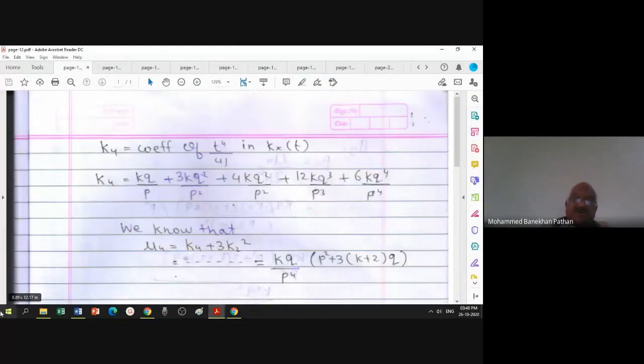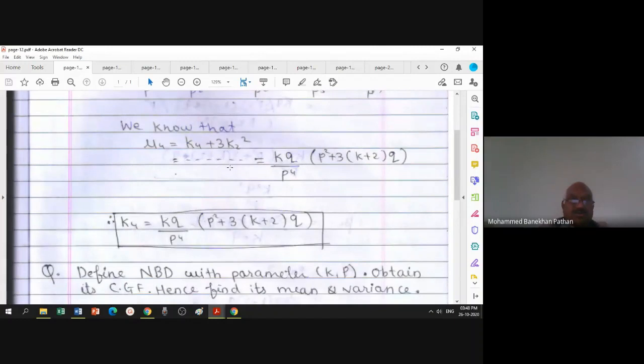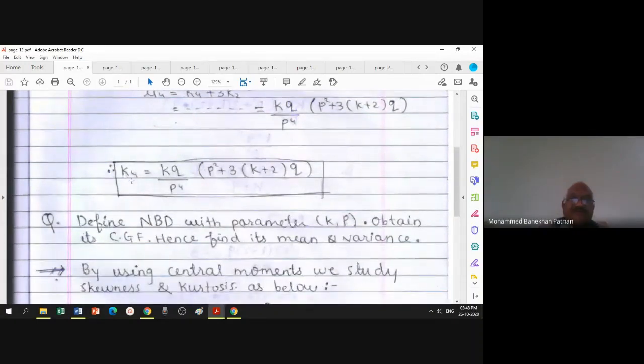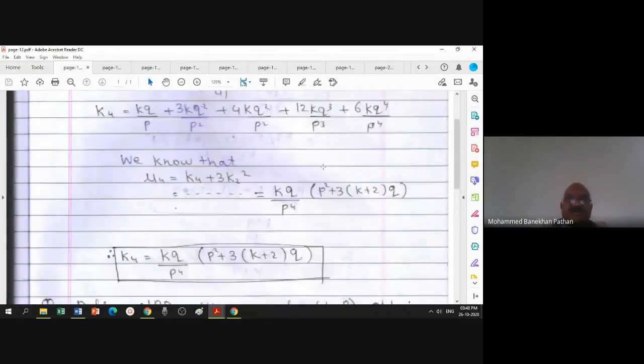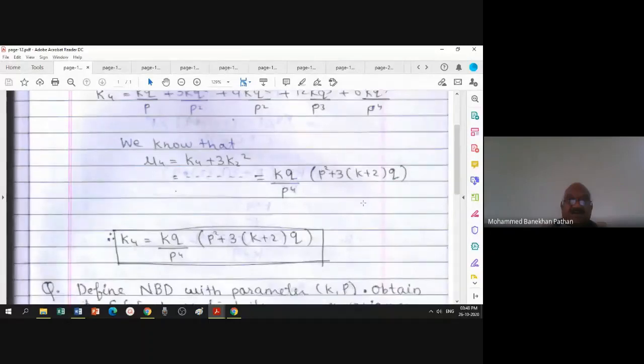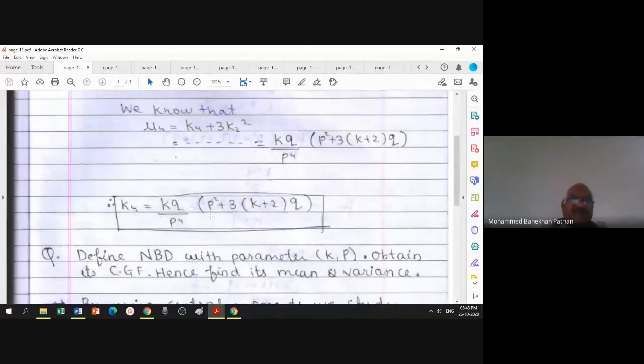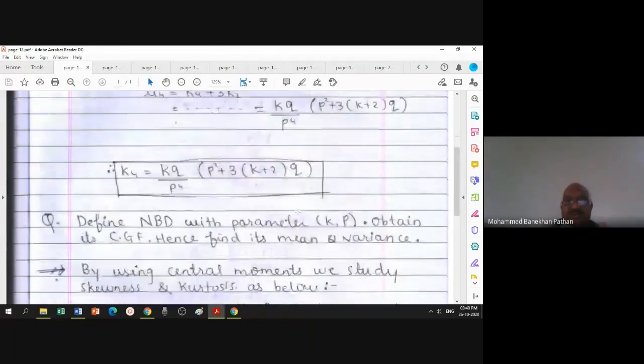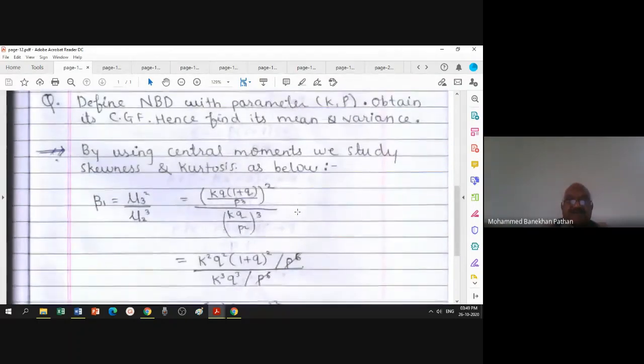In the last lecture, we did up to K4 and I asked everybody to simplify the expression which you are looking at on the screen, to get this final simplification: K4 equal to KQ by P raised to 4, in bracket P square plus 3 times K plus 2 multiplied by Q. Today we'll proceed ahead to calculate beta 1 and beta 2.